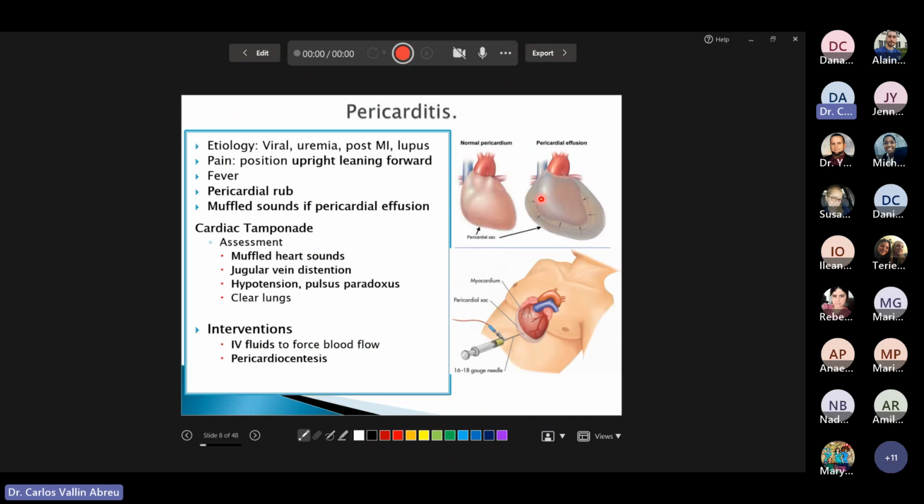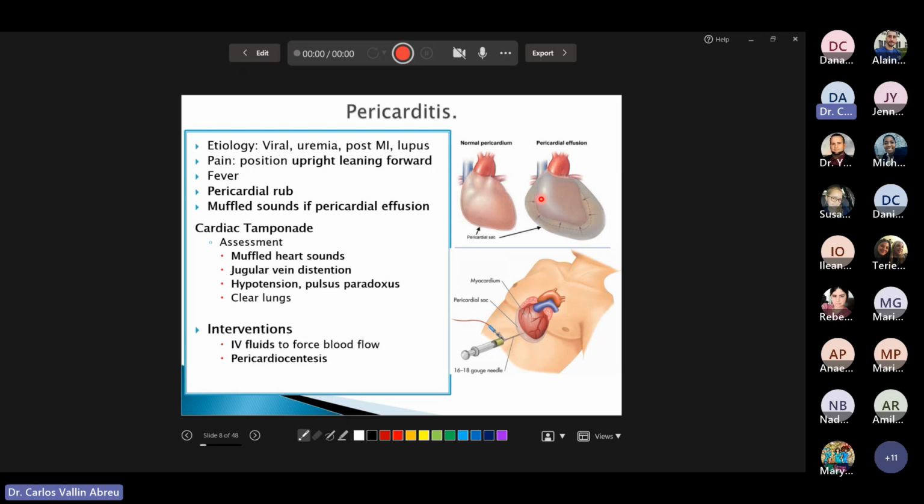So it's going to be a two-times sound. The systole, whack, and the diastole, whack. So these are grating sounds of the inflamed pericardium sliding one over the other during systole and diastole.